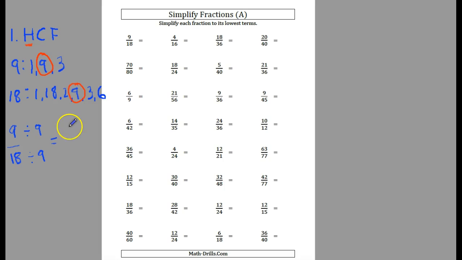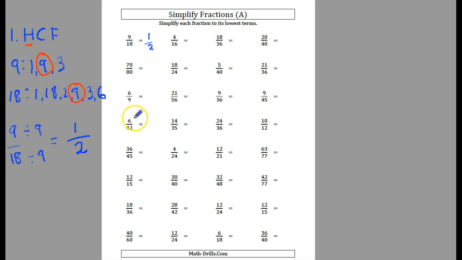On the top I have 9 divided by 9, which is 1, and on the bottom I have 18 divided by 9, which is 2. So my very first question simplifies to a half.